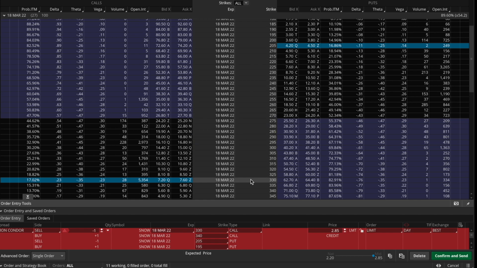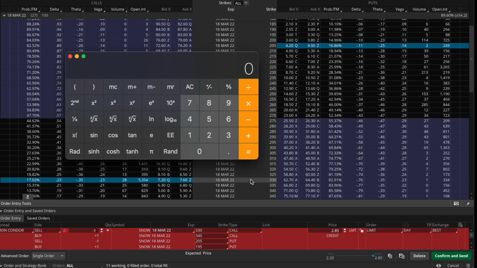And that's because if I pull up the calculator one last time here, if there's a 16.86% chance that SNO could be below 205 by March 18th, and there's also a 17.02% chance it could be above $330 per share, that means I can take 16.86 and add to that 17.02, and that gives me 33.88.